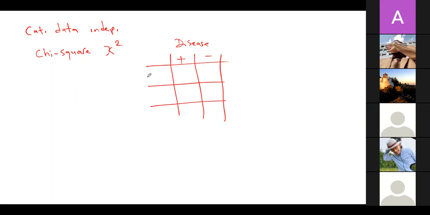Okay? So let's say it is the country of origin: Kyrgyz, Pakistani, Indian, or Turkish. Okay. You have four groups now, independent categories, and one categorical outcome variable, disease, positive and negative.